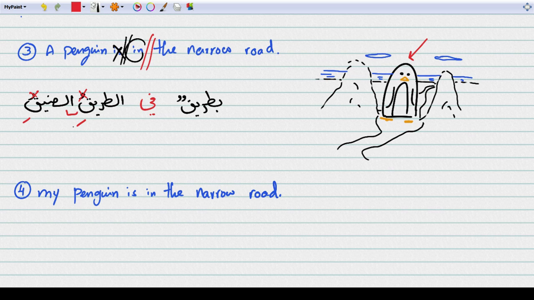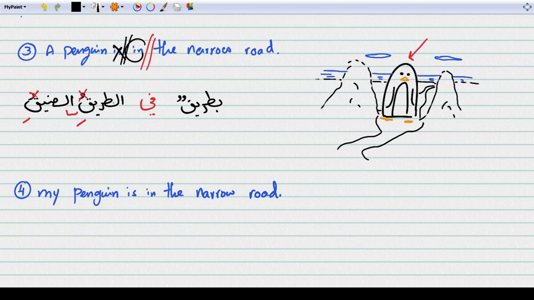Of course, when I say some sort, I've said this many times before, it's because the dual is not treated this way. You change the waw noon or alif noon to ya noon, or whatever. It depends on the word. But in this case, it's just normal. You just change ضمة with كسرة. So بطريق في الطريق الضيق. That's the translation for a penguin in the narrow road.